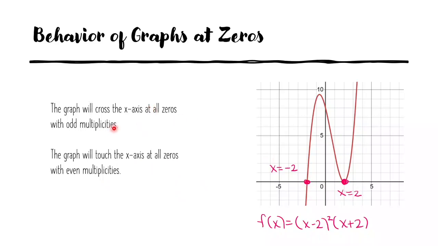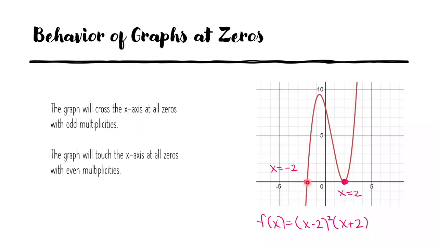Anytime a zero has an odd multiplicity, like 1, the graph is actually going to cross the axis. And that's what we're seeing happening at x equals, or sorry, negative 2. So even multiplicities, the graph is touching the axis. Odd multiplicities, the graph is crossing the axis.